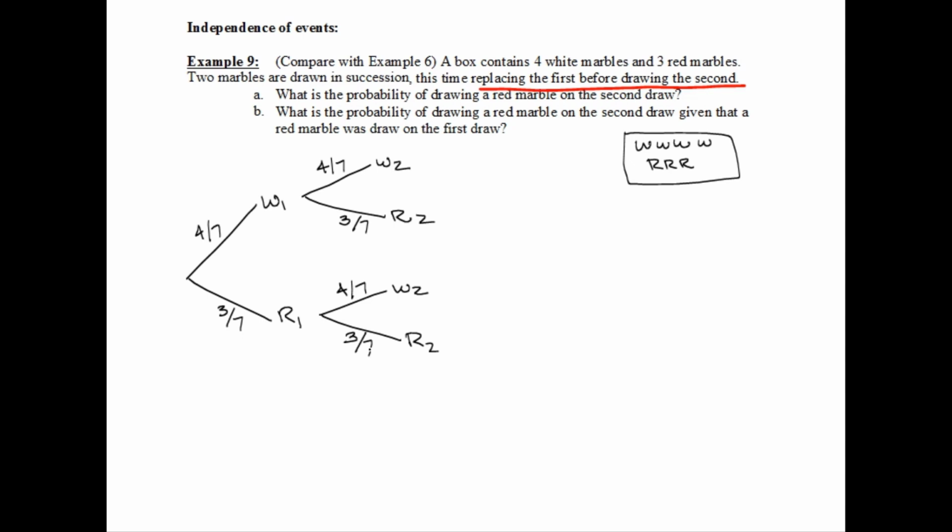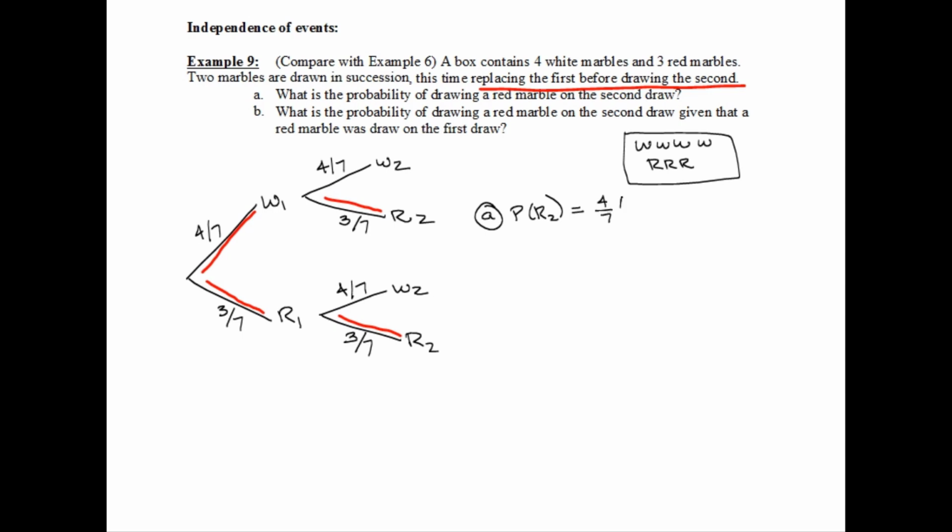So now we want the probability of getting a red marble on the second draw. So P of R2. So we want to figure out all the routes that can lead us to R2. So here is one way to get to R2. Here is another way to get to R2. And so we multiply along the tree and add them together.